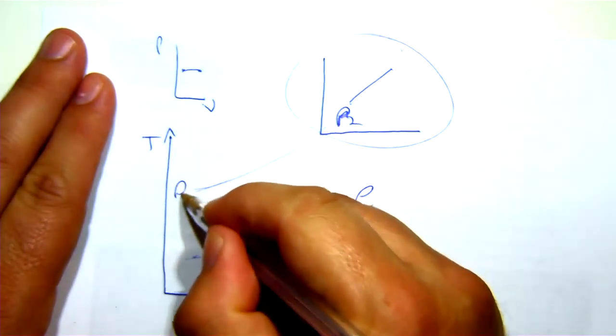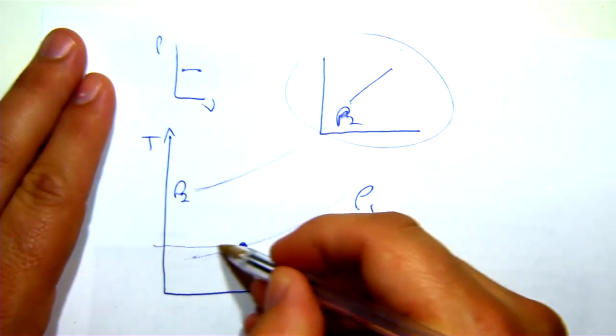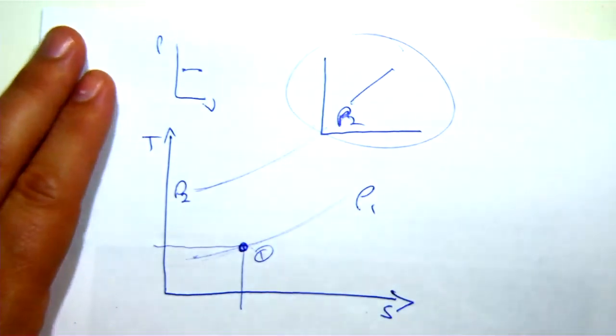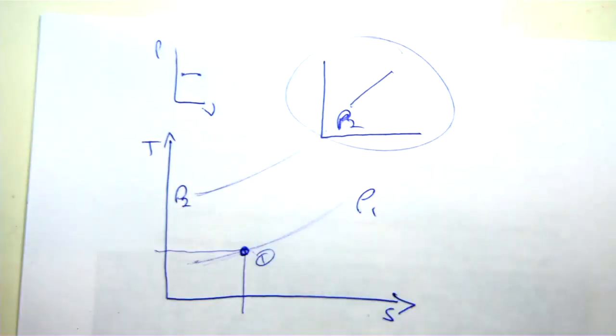Maybe I'll write it over here. And I start here, which is to say, I start at a well-defined state, 1. My well-defined state only needs 2 things to pin it down. So if I had a magic entropy meter, and I could tell you the entropy, and I also had a thermometer and I could tell you the temperature, that's great. I put it there.